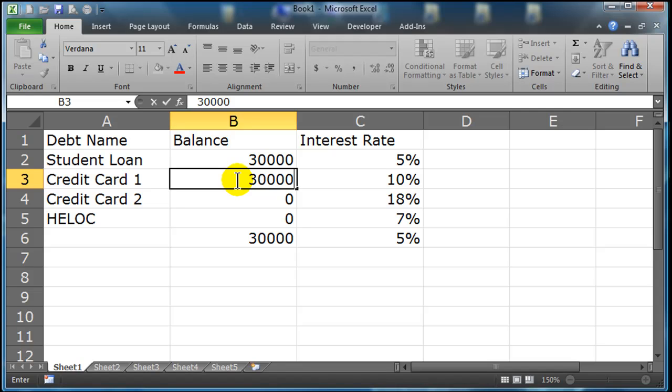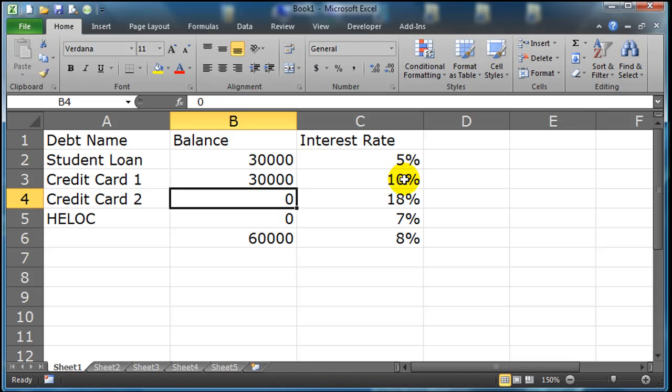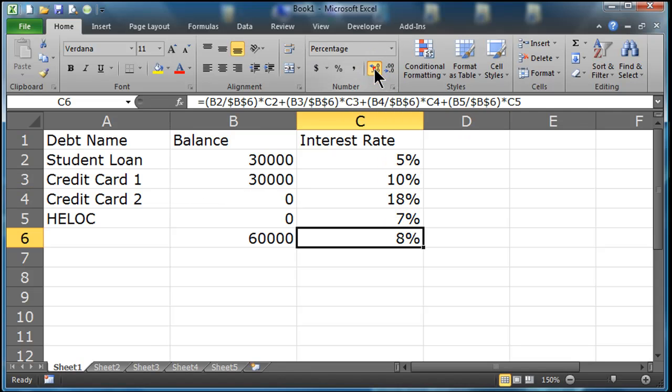Can you predict what you're going to see as soon as I press my enter key? Well, if my only two debt sources are the student loan and the credit card, and each one is 50%, then my weighted average is pretty much like a mathematical average. It will be somewhere in between 5 and 10, probably around 7.5%. As soon as I press enter, I see 8, but if I show a decimal point, there we go, there's our 7.5%.